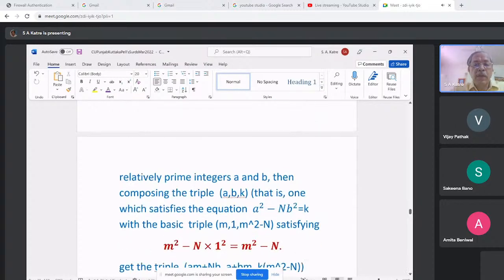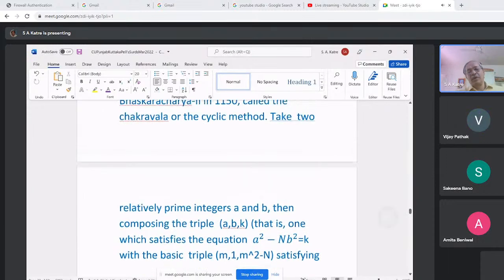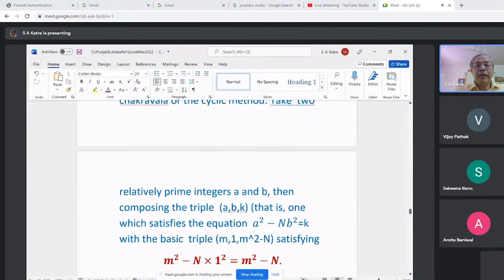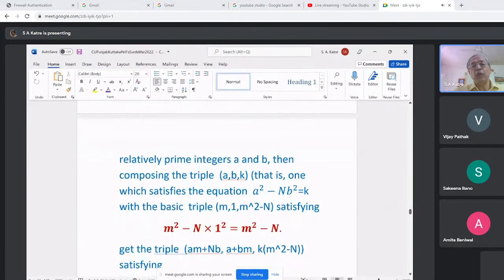But just to make the number of steps less, you try to take values of a and b so that a square is somewhat close to n b square. Okay, a square is close to n b square, so the difference will become somewhat small, and that is the starting point. Otherwise, you can take any a and b and get some k, that is different.